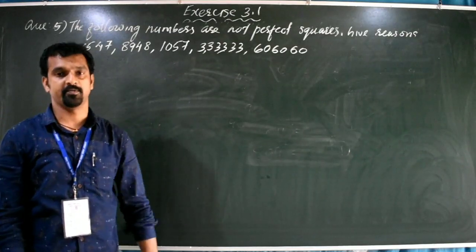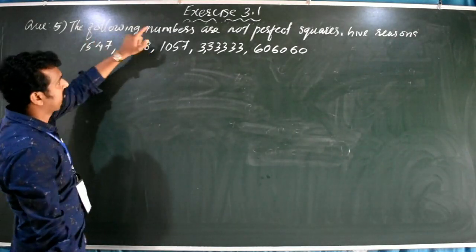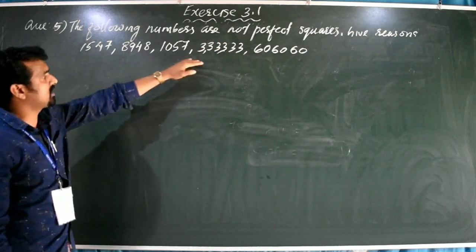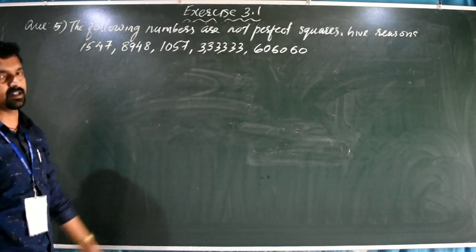Okay, now question number 5. The following numbers are not perfect squares. Give reasons. What is the reason?